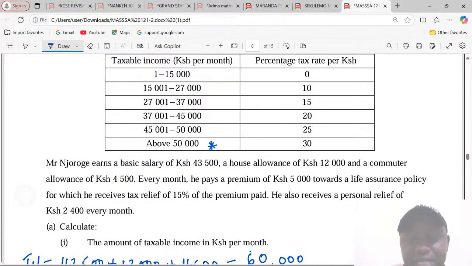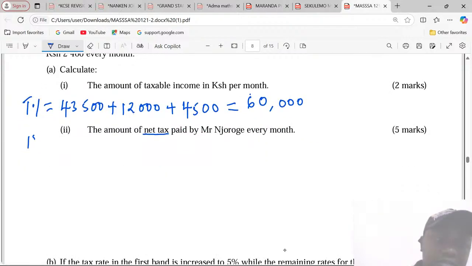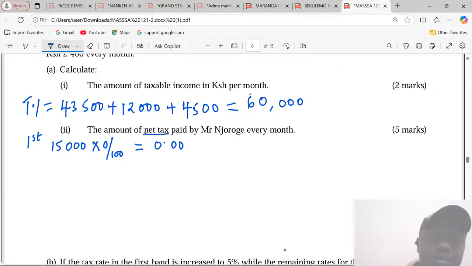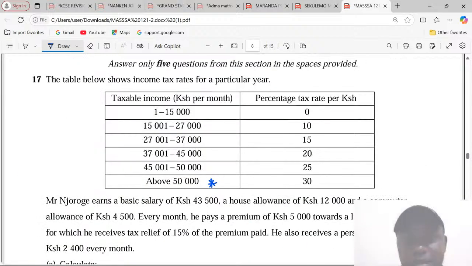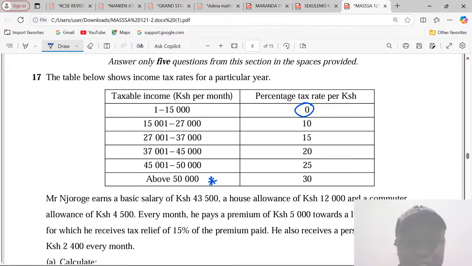So in the first bracket, let's look at the first 15,000 at a rate of 0%. At a rate of 0%, there is no tax due, because the rate here is 0 and people must be very careful. So the first 15,000, according to this taxation system, is not taxed. So people earning 15,000 and below will not be exposed to tax.